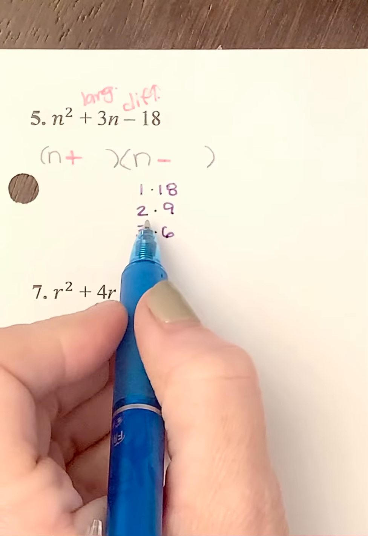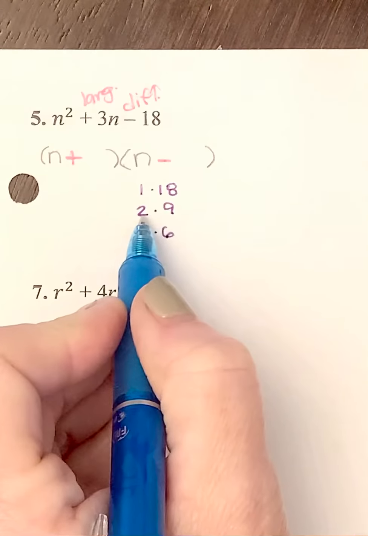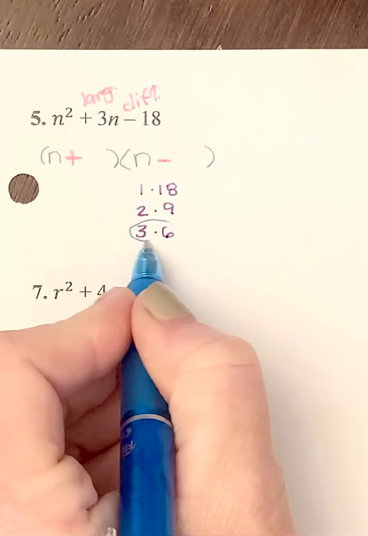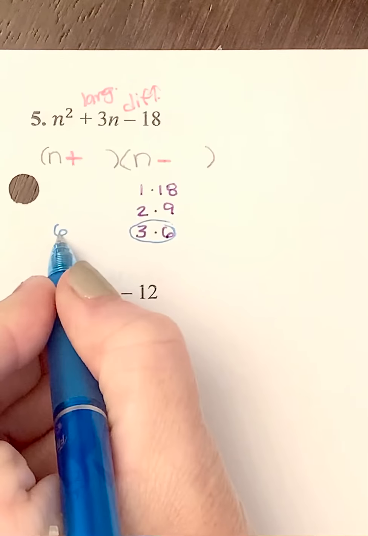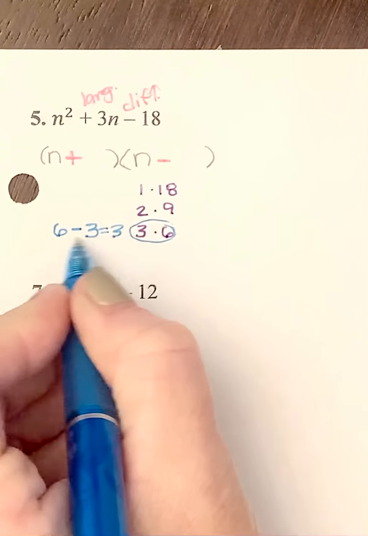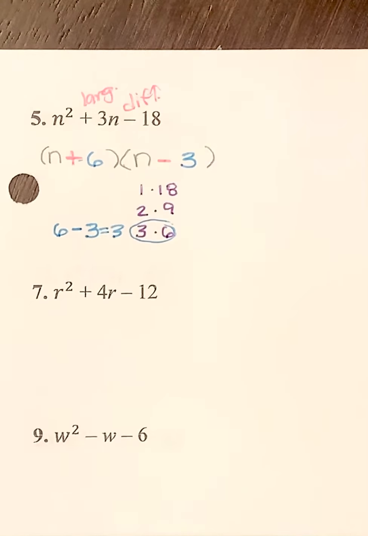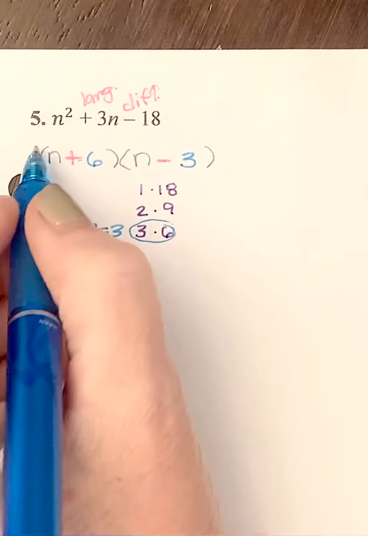The larger is positive, so let's see, 18 minus 1, no. 9 minus 2, no. 6 minus 3, yes. The larger number positive, the smaller number is negative. That's where we get it. So a positive 6 and a negative 3 will be the answer.